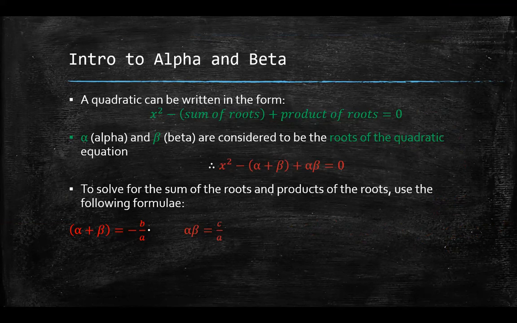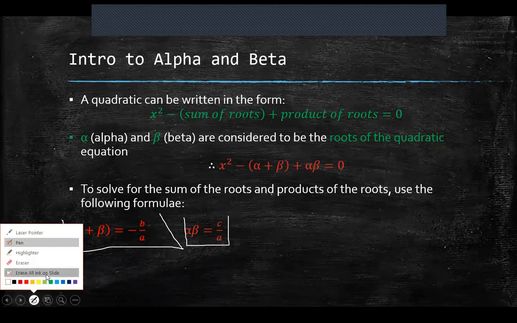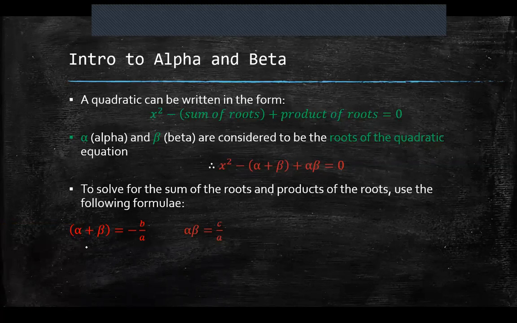Same thing here. You identify a, b, and c, and then substitute those values into your formulas to find the sum of the roots, which is minus b on a, and the product of the roots, which is c on a. So that's how you find the product and the sum.